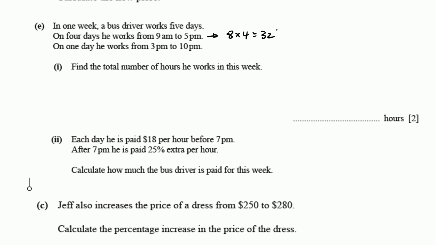So that's 32 hours worked. On 1 day he works from 3 p.m. to 10 p.m, that's 7 hours. And that just happens once. So my 32 hours plus my 7 hours means he works 39 hours that week.